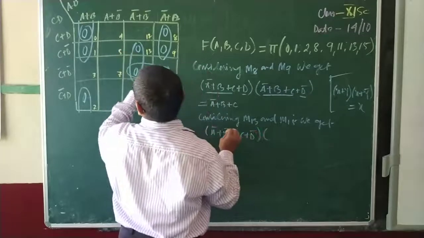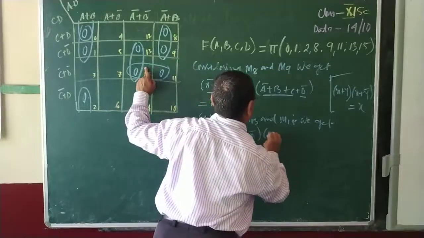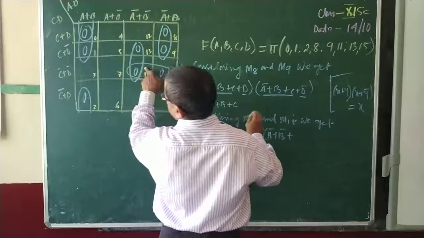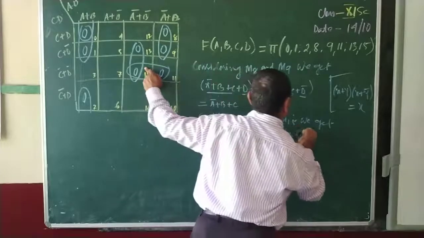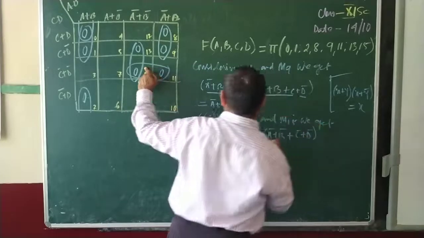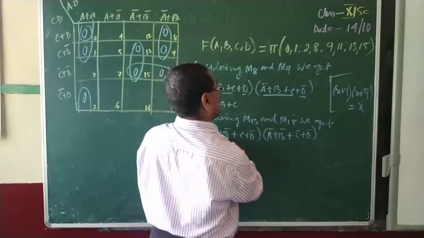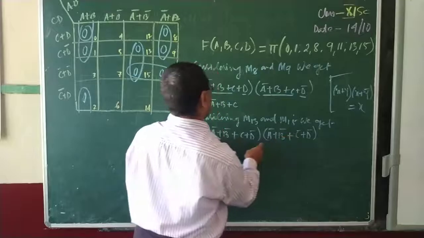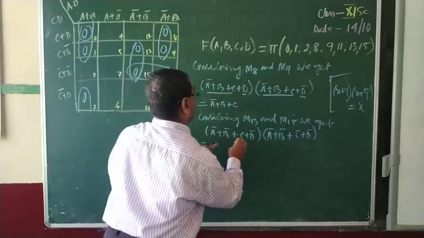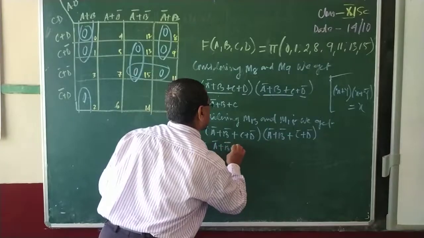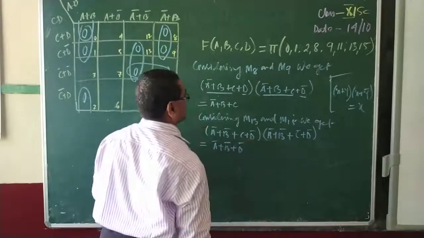And then this one: A complement plus B complement plus C complement plus D complement. So from here also we get A complement, B complement, and D complement, where C and C complement are there. So it will be A complement plus B complement plus D complement, the answer of this case.